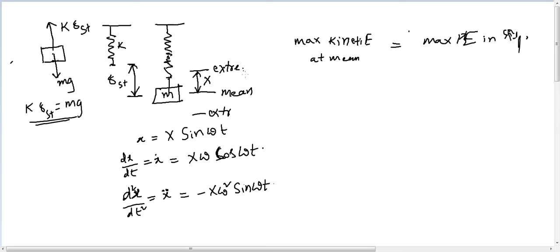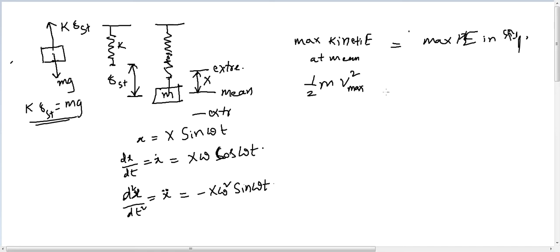Now we want to find the maximum kinetic energy. Maximum kinetic energy is nothing but half mv square, half mass into v max square.